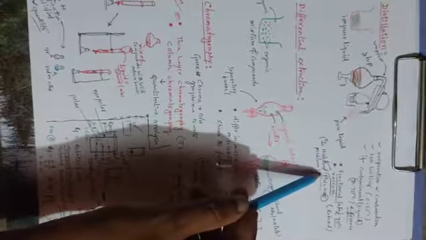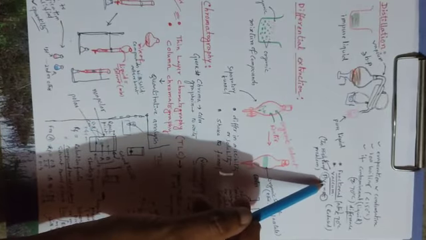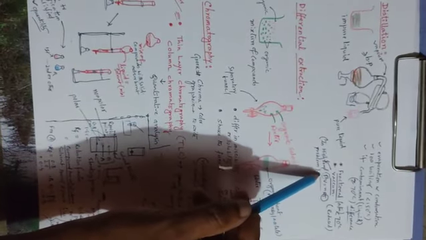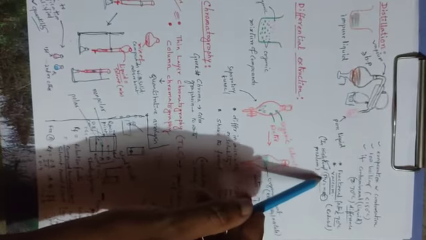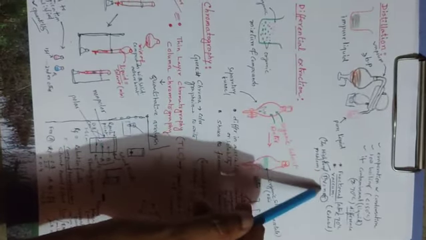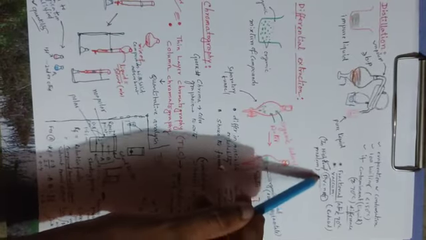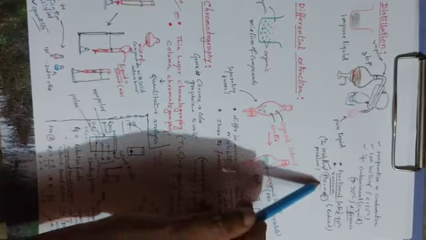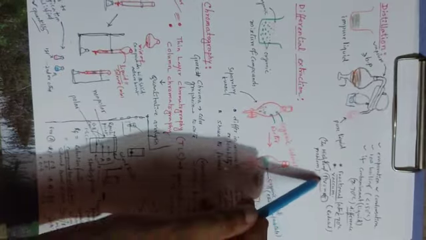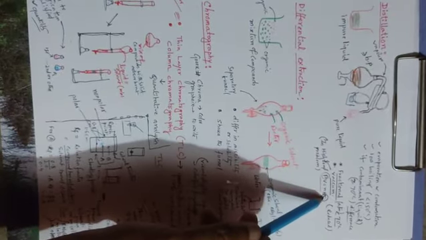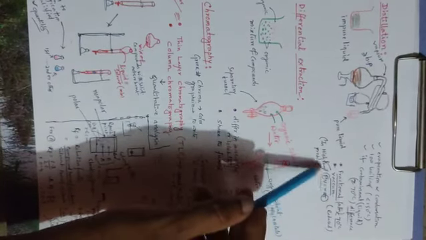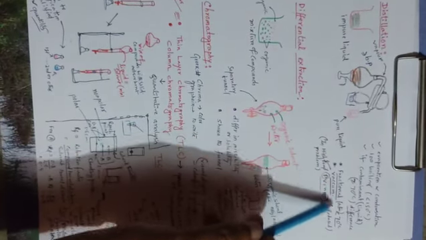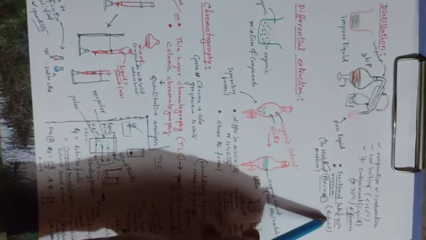Accordingly, PV equals nRT. If pressure is reduced, then to keep the equation balanced without changing the volume, the temperature gets reduced, so with low temperature we can efficiently do the distillation.